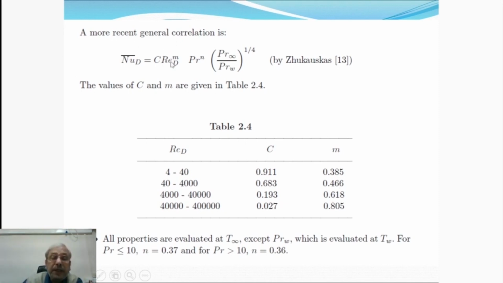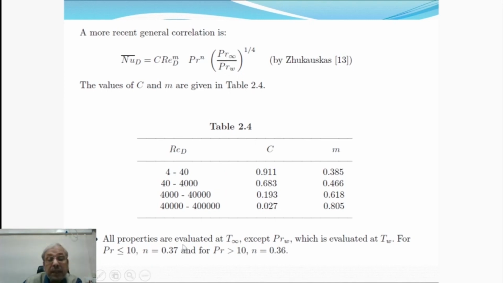Now, all the properties are evaluated at T infinity, that means fluid temperature. That is why we have written Prandtl infinity. Prandtl W is not to be confused with anything else; it is at wall temperature. For Prandtl W, the values of mu Cp by k have been taken at wall temperature, and for Prandtl infinity, the values have been taken at the free stream temperature.